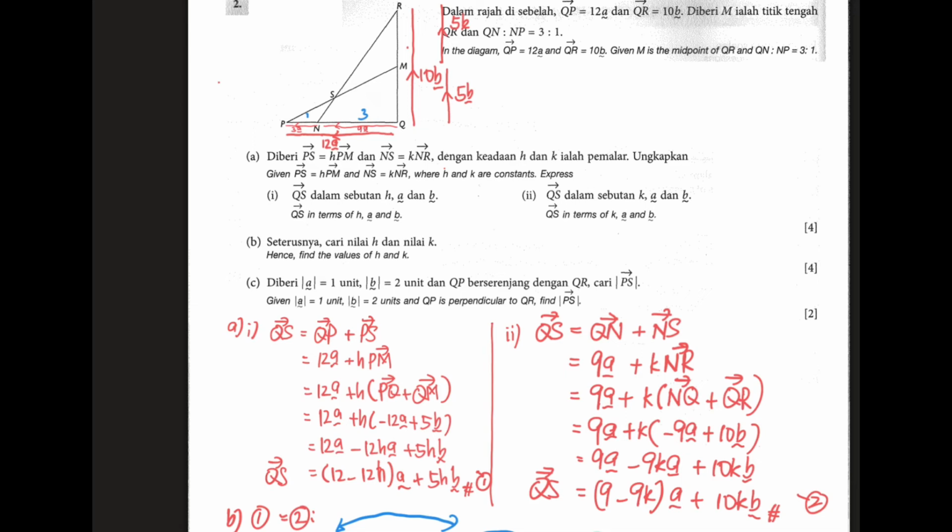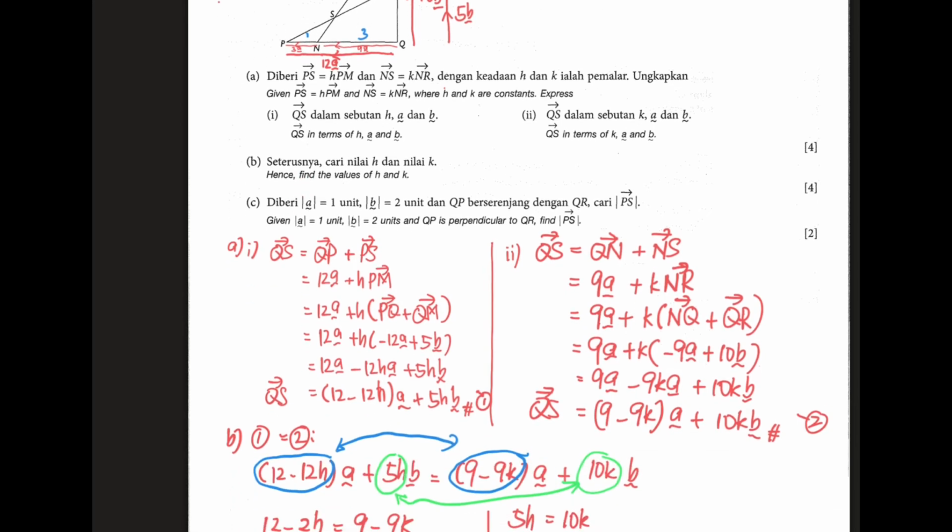So QP is 12 units. I can just write down first. I'm not sure whether we need to use it or not, but I just write down first. If modulus A is 1 unit, then modulus QP is 12 units.